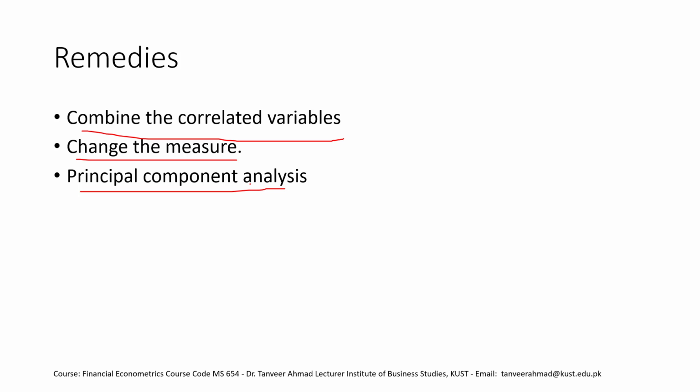What it does is, using a certain technique, it combines the information of those variables. Or we can increase the sample size. Remember, we discussed that multicollinearity also occurs because of a small sample size where there is limited variation. So we can increase the sample size, and that might remove multicollinearity.